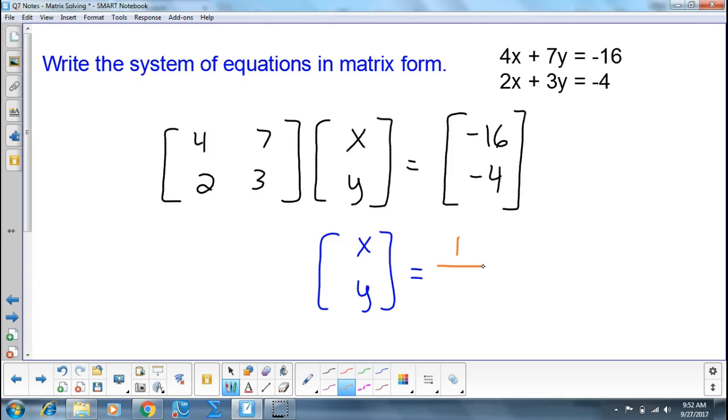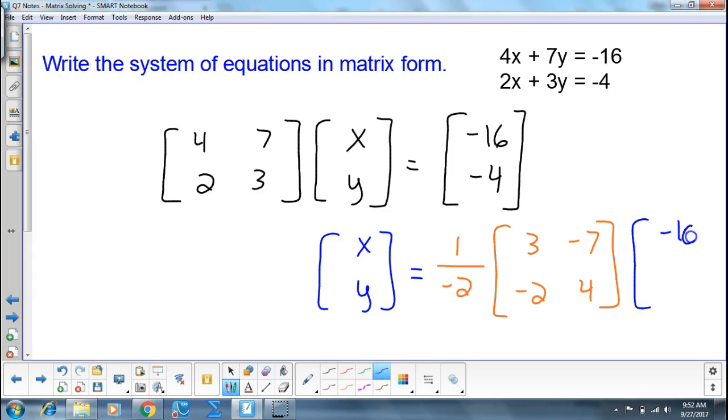Negative 2 times 3, negative 7, negative 2, 4 times negative 16, negative 4. Right?